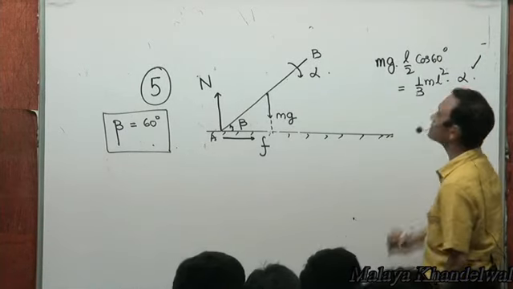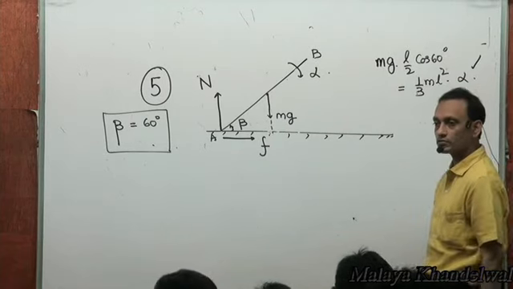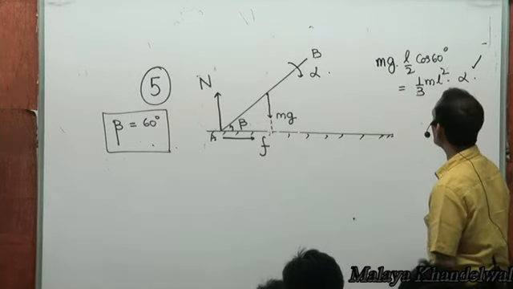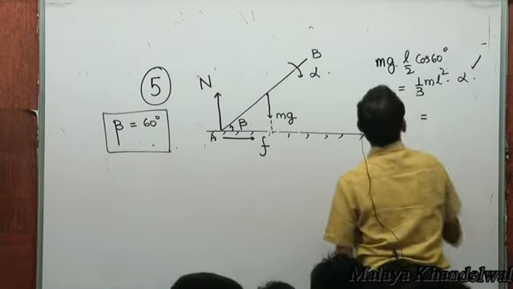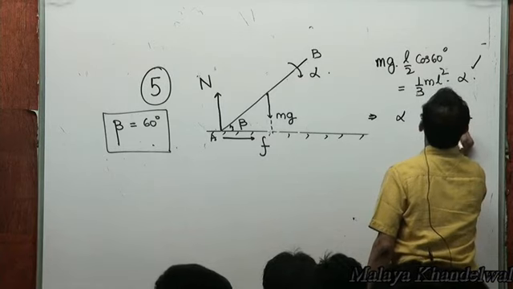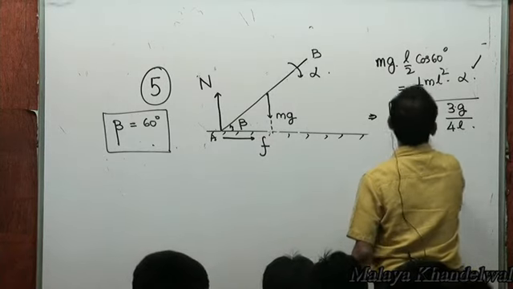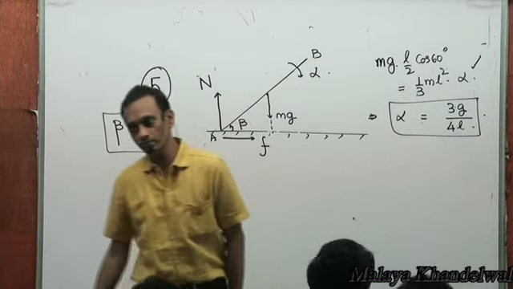So alpha is known from these considerations. Cos 60 is half and so on and so forth. Right? So what does this turn out to be? Alpha equals 3g by 4l. 3g by 4l radians per second squared is the angular acceleration. Right?